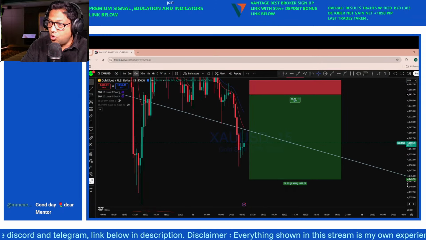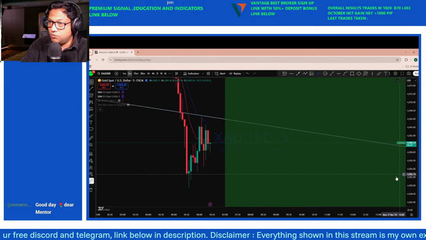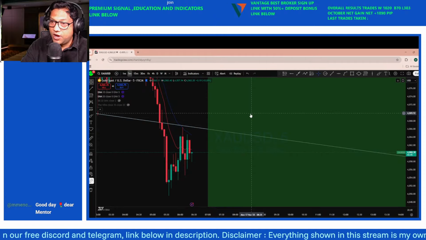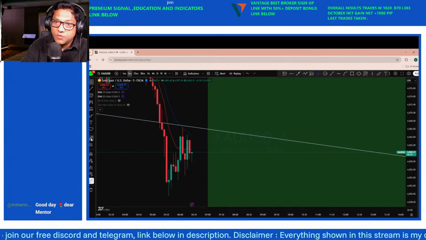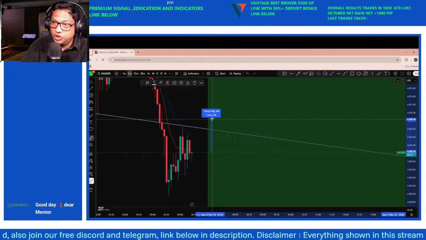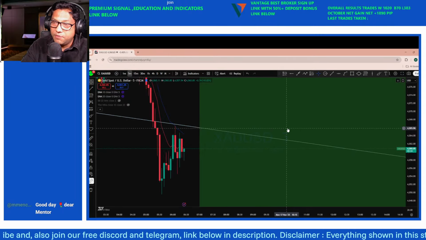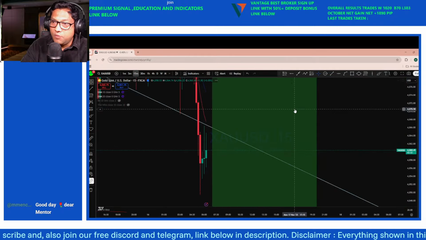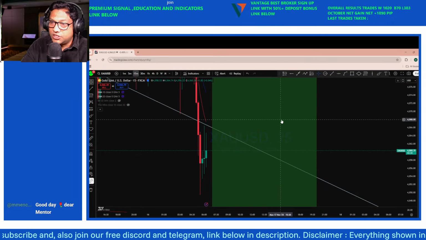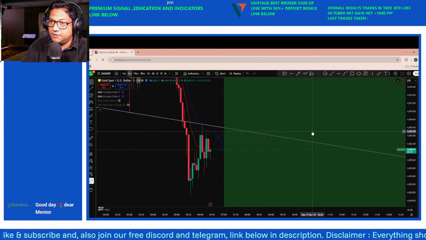But before the candle closes, we still have 2 minutes to go, and the bulls may try to break that high, and that going up is a possibility for potentially another selling opportunity for us. I'm looking at this market structure to possibly remain bearish.